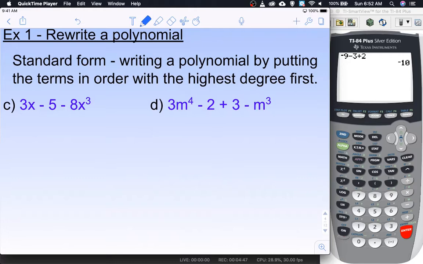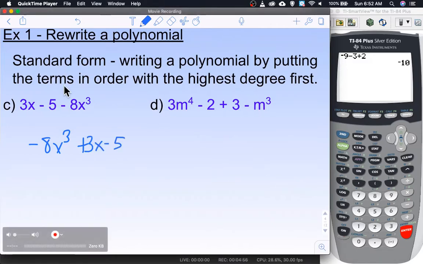All right, so letter C, we should have -8x cubed plus 3x minus 5. So the x cubed piece came first. There was no x squared, so we just skip it. X to the first power, and our constant.